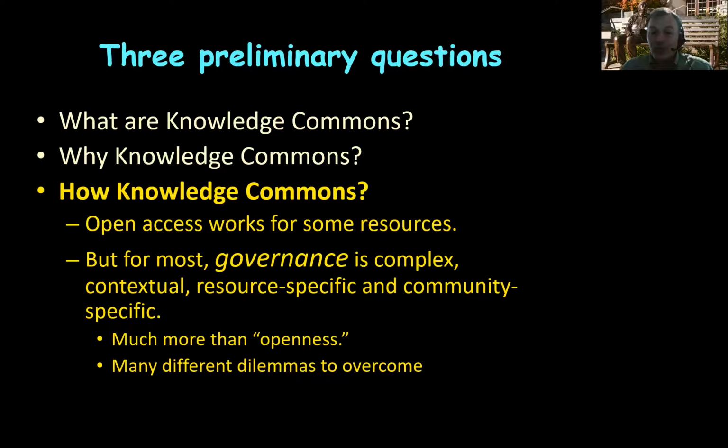And this actually works for some resources, especially for some knowledge resources like ideas and facts. But for most knowledge commons, governance is more complicated. It's complex, contextual. It depends on the resources you're talking about, and they're community specific. There's much more to knowledge commons than openness.